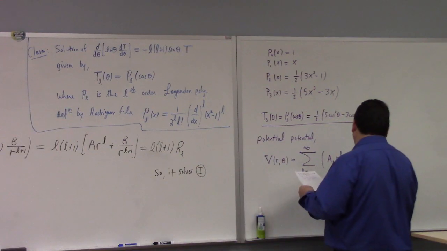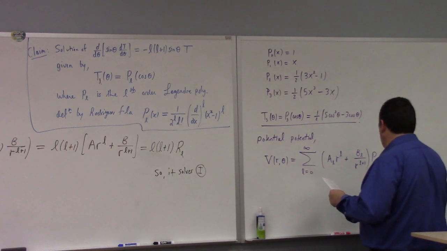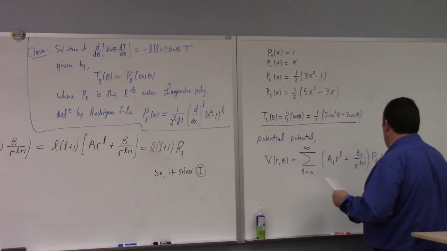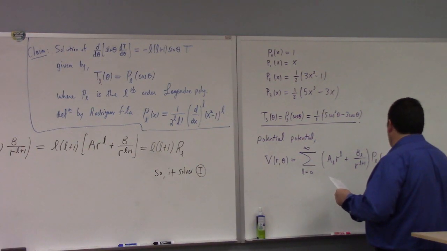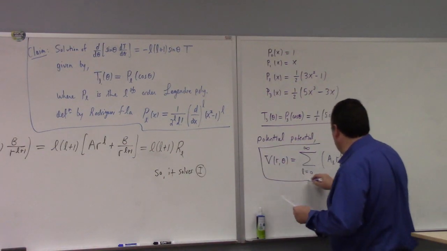That's my typical radial solution, right? And then times my typical angular solution, the Legendre polynomial, order L, in cosine theta. That, my friends, is the potential.